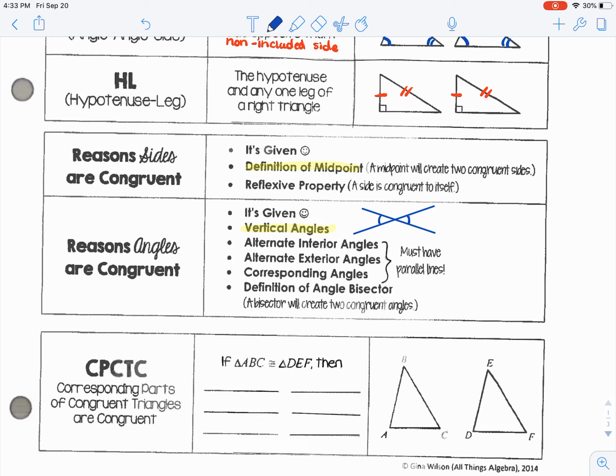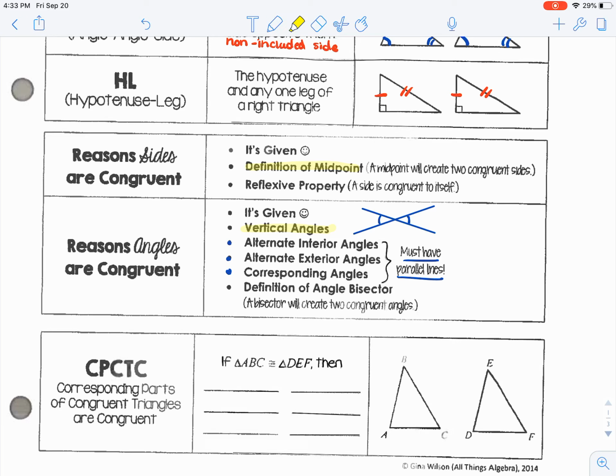Other reasons that angles can be congruent are alternate interior angles, alternate exterior angles, and corresponding angles. These are all angle pairs that we know to be congruent. We can only say that those angles are congruent if we have parallel lines. You must have parallel lines to use any one of these three reasons.